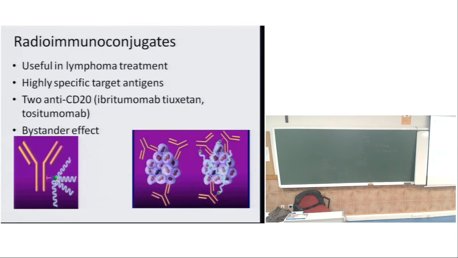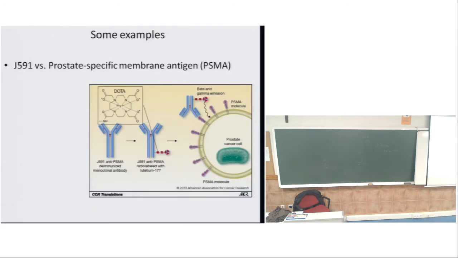So that's the idea. And there's this ibritumomab tiuxetan. This is like rituximab, but with a radioactive isotope. And there is another one for treating prostate cancer. Again, you can see this yttrium, this isotope in the middle.